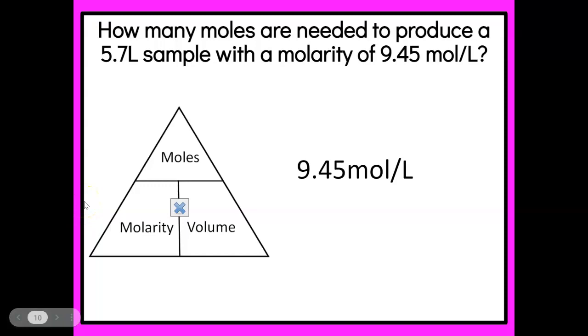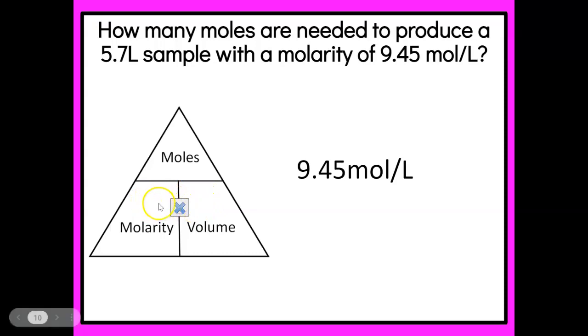So let's do another one. Let's solve for moles. How many moles are needed to produce a 5.7 liter sample with a molarity of 9.5 moles per liter, or molar? So this is an example where we have our molarity and we have our volume, and now we're solving for moles. Since we're solving for moles, we're looking at our molarity and our volume.